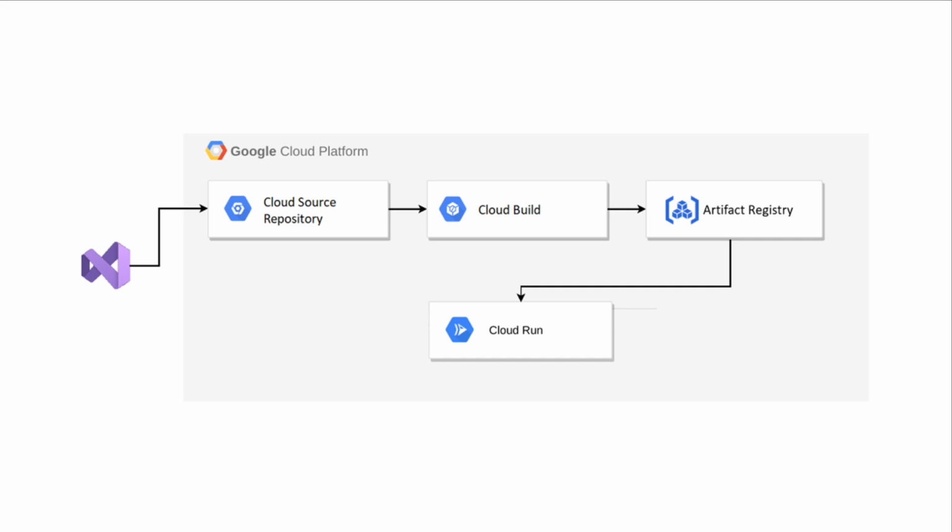Then we will create an Artifact Registry service. Next, we need to build and push the images into Artifact Registry by using the Google Cloud Build service. Finally, we will create a Cloud Run service and consume the image from Artifact Registry.